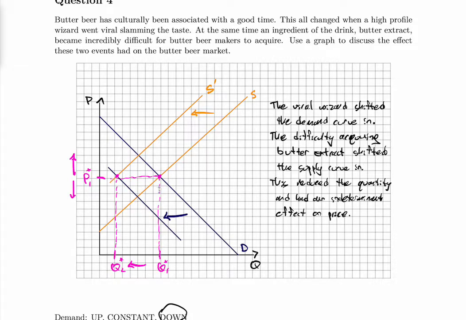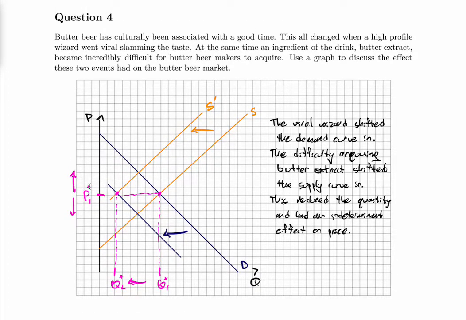When we shift the demand curve in, prices go down, and when we shift the supply curve up, the price goes up. So we know quantities are going to be lower, but we don't know whether prices have gone up or gone down, because we don't know the size. We're not told anything about the size of these shifts. So we can't determine whether prices are larger or smaller than they were before.